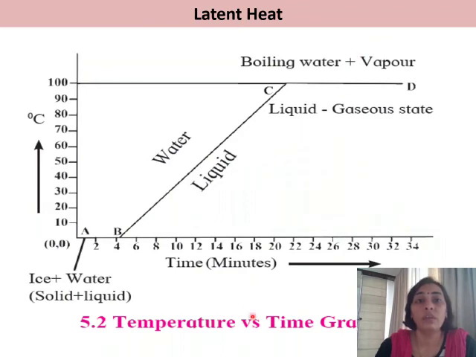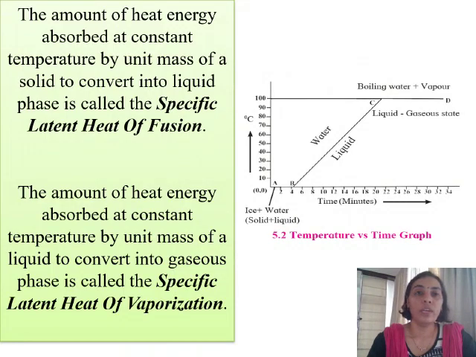So here we come to the end of this activity that we had studied, and we have drawn these conclusions from it. That is, we have learned 4 definitions: melting point, latent heat of fusion, boiling point, and latent heat of vaporization. So quickly let's go through the 2 definitions that we have studied.